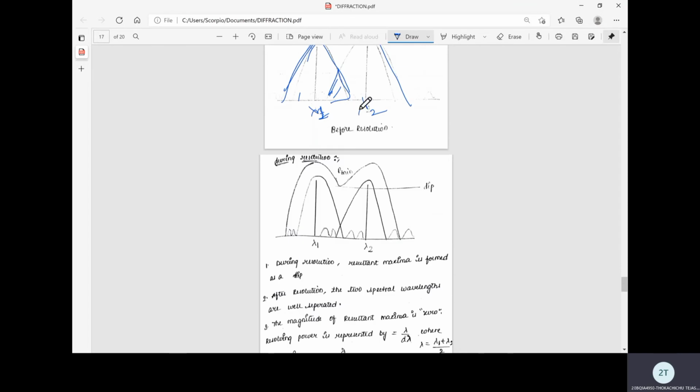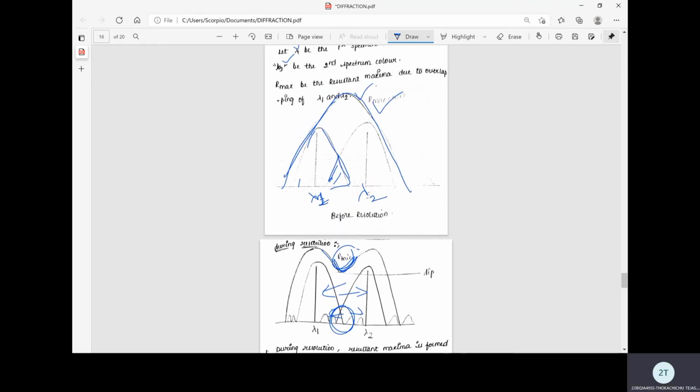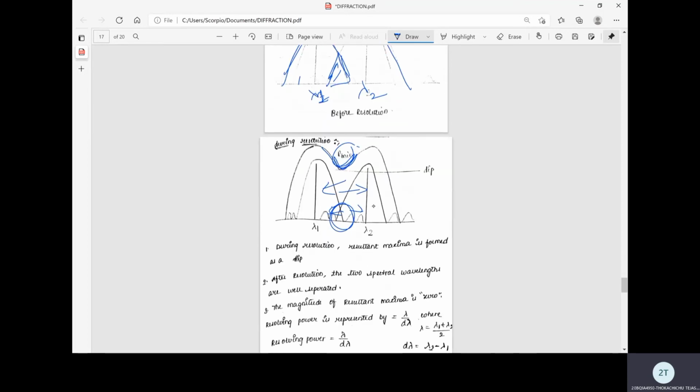But during resolution, we separate these two colors with different wavelengths from each other. So this common part disappears, giving a dip. There is the R minimum, unlike in the previous case, which is the maximum resulting from their overlapping. Since we are separating them from their overlapping, this graph gives a result of R minimum, which we call the dip in this experiment.